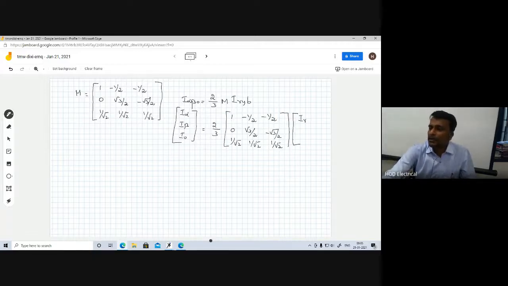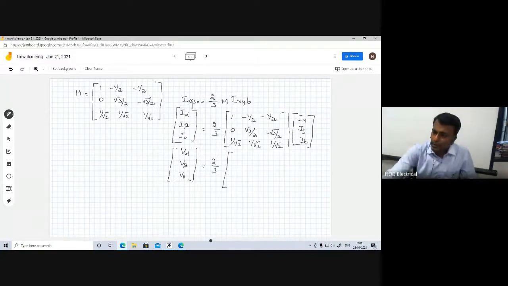Similarly, we have the voltage matrix V alpha, V beta, V naught equal to 2/3 into [1, -1/2, -1/2; 0, root 3/2, -root 3/2; 1/root 2, 1/root 2, 1/root 2] into VR, VY and VB.